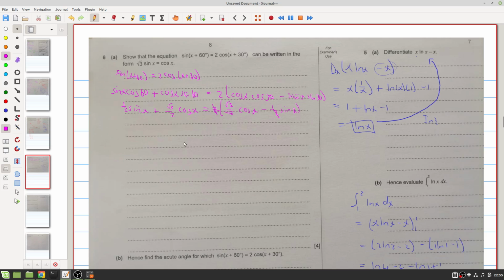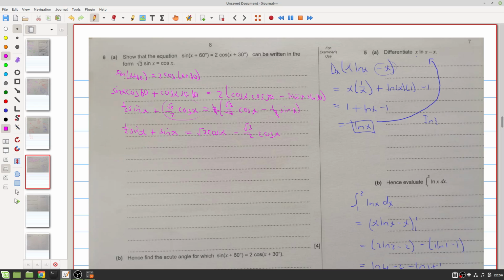Okay, so now let's get all the cos's on one side, sins on the other side. So I'm going to keep the, let's say, the sin on the left-hand side. So we've got half sin x. And if we bring this minus sin x across, so it becomes plus sin x. Equals, and then on this side we had square root 3 cos x. And then we're going to bring this one across, so it becomes minus square root 3 over 2 cos x.